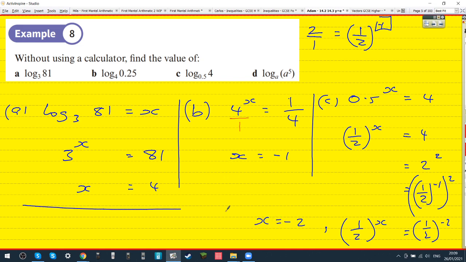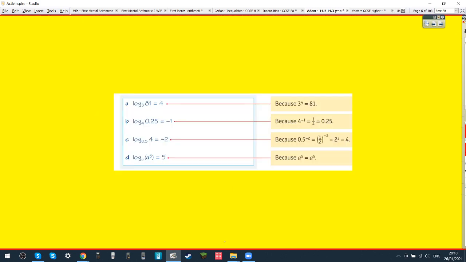And D. It'd be a to the x equals a to the 5. So x equals 5. Yeah. That's it. You can see it's just building it up, which will be good for later.